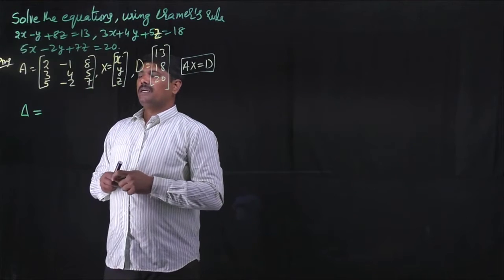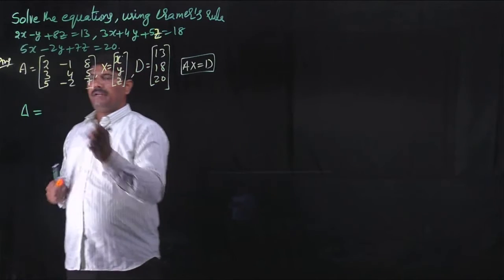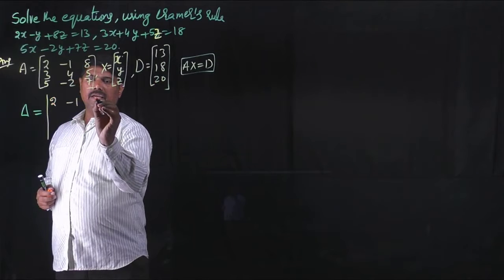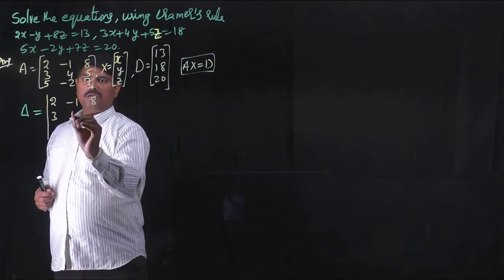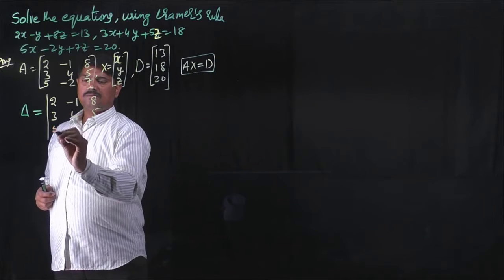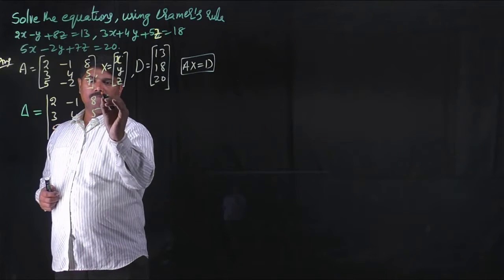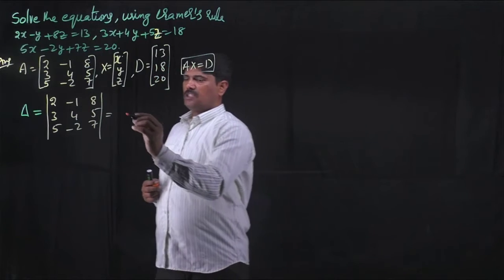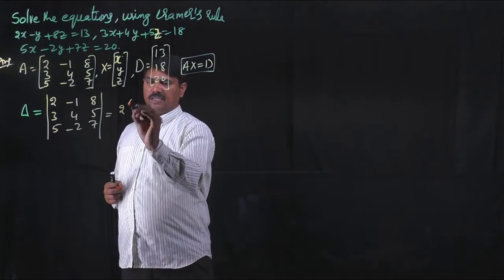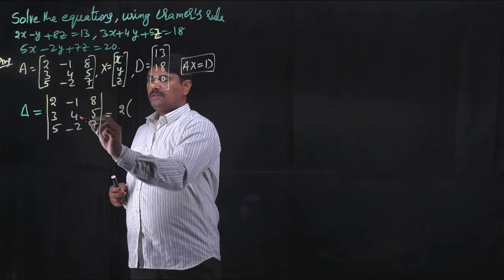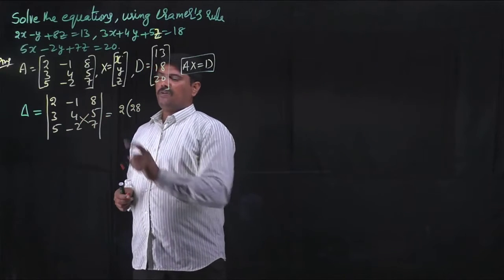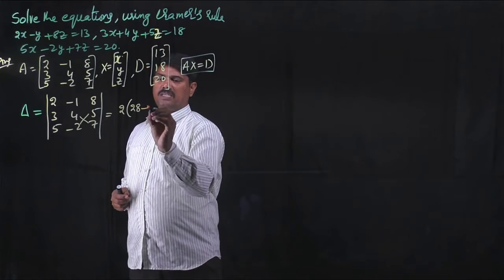So as per the concept, delta is the determinant of the coefficient matrix: 2, -1, 8, 3, 4, 5, 5, -2, 7. So expanding from the first row, finding its determinant: 2 into 7 into 4, 28, minus of 5 into -2, -10, so that it is plus 10.